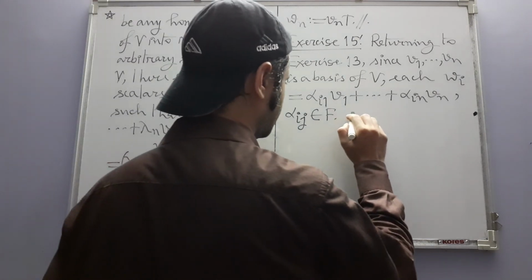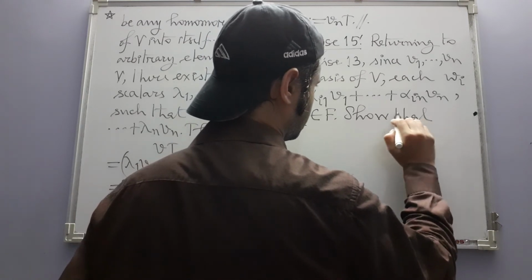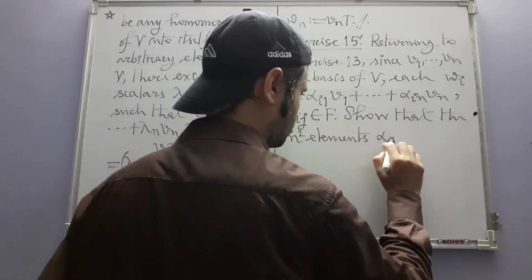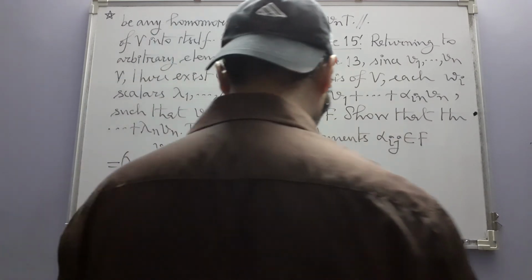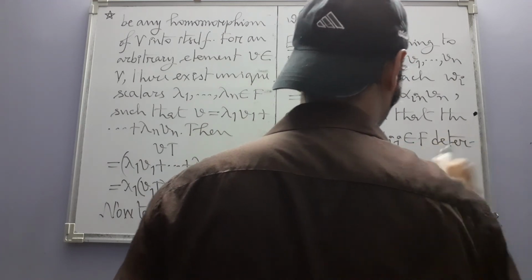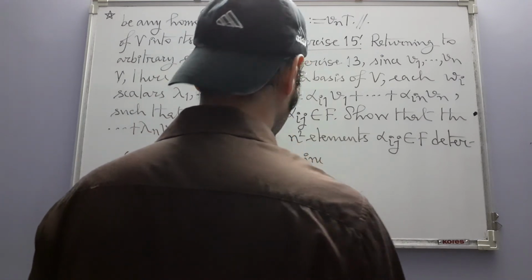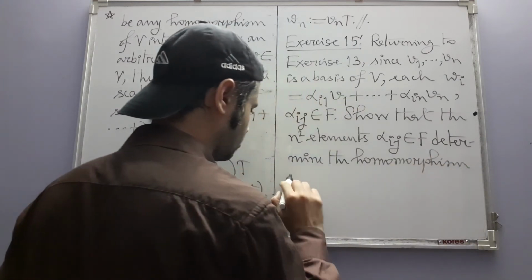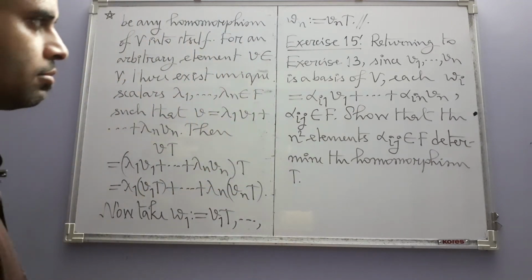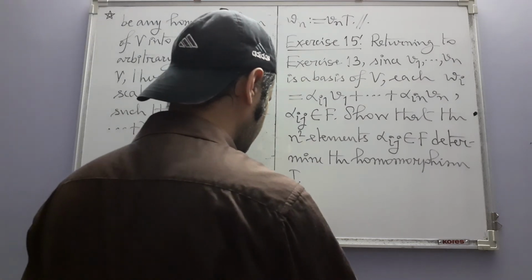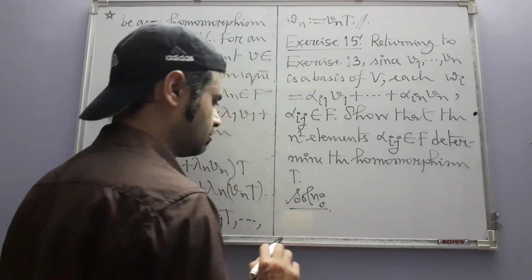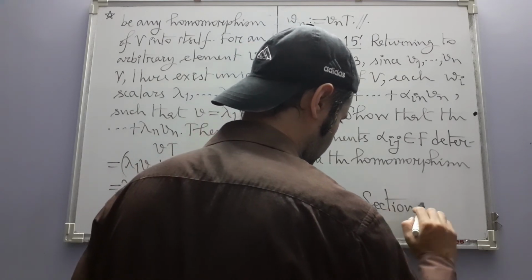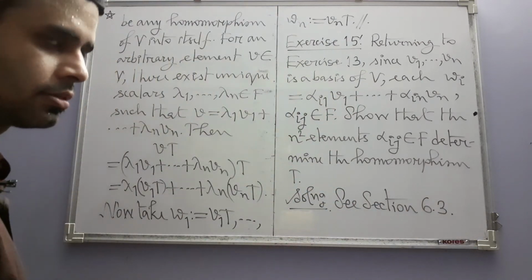Show that the n square elements belonging to F determine the homomorphism T. And I should not actually write the solution, but as a hint to the solution, see the third section of the 6th chapter, section 6.3.